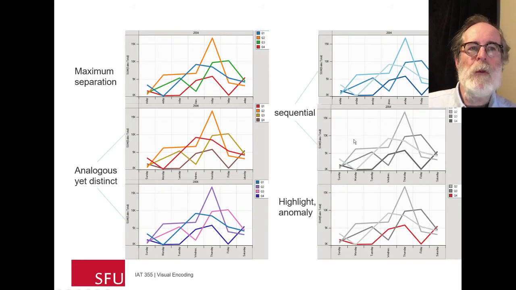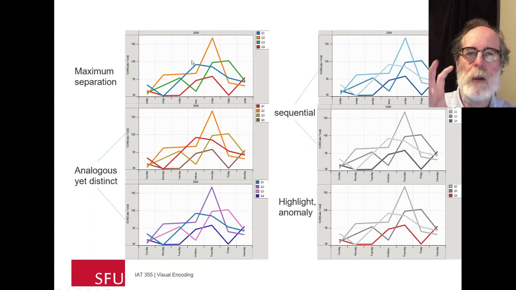So another way in which we can use color, as we mentioned in the previous lecture segment, is to do various other types of tasks, and one of them is to separate items. And so here, again from Tableau, is a mapping in which we're trying to maximize the separation of each of these line graphs.